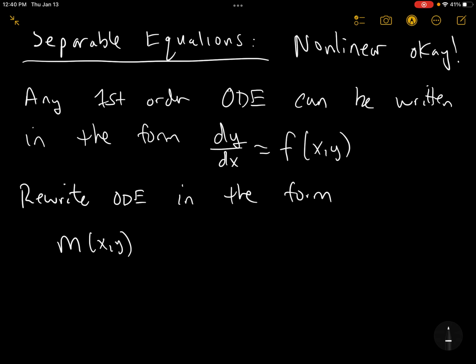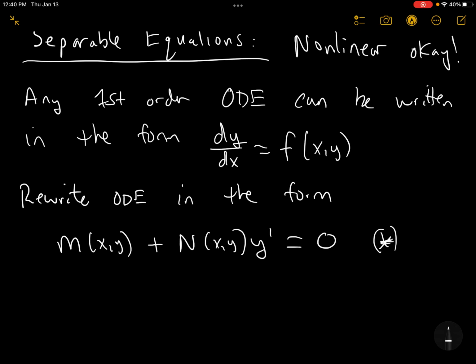They could have x's, they could have y's and y squareds and 1 over y's. Then we separate out all the terms that have a y prime and set all this equal to 0. So when you're looking at the world of separable equations, this is the standard form.